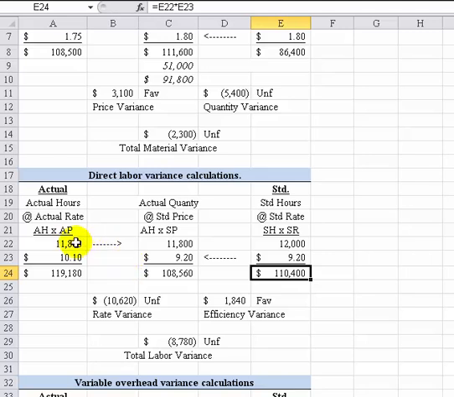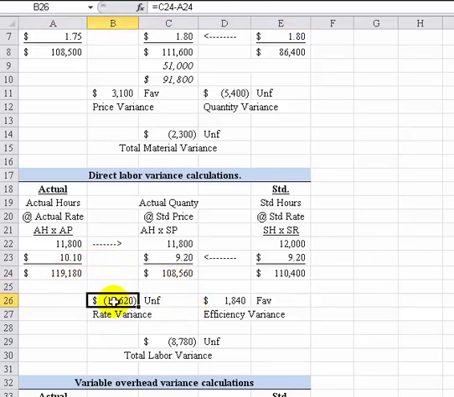So we can just move this number, put the 11.8 that came from here, and move the 9.20 that came from here into the middle ground, and then just compute the differences. Essentially you multiply the hours times the rate, then the hours times the rate in this no man's land, which is actual quantity times standard price, and then standard hours at standard rate comes from over here.